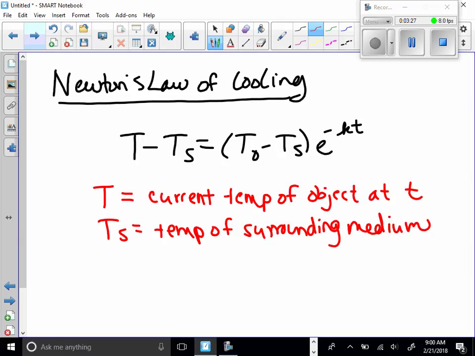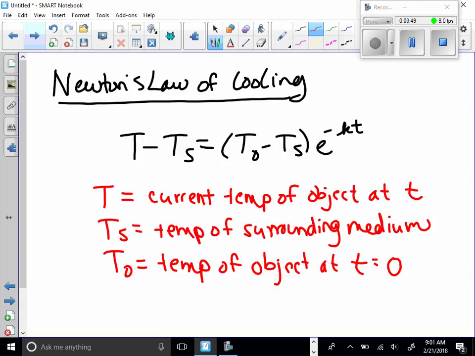So if I'm bringing something in from outside, the surrounding medium would be the air temperature. If I'm taking something and submerging it in water, Ts would be the temperature of the water. And T0 is the temp of my object when t is equal to 0.